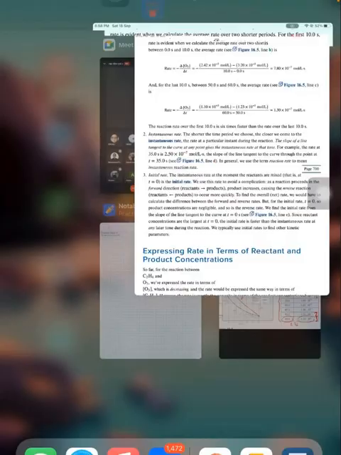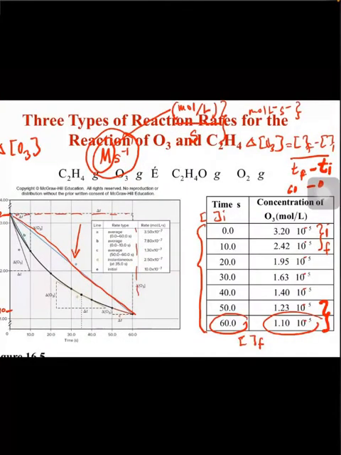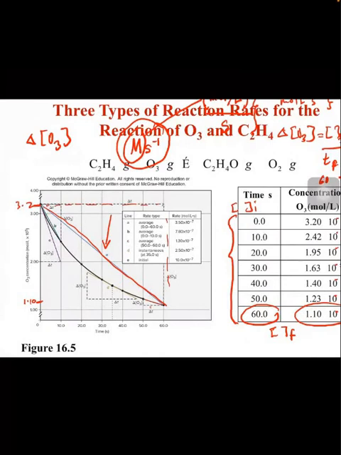At 35 seconds, meaning that if we refer back to the table, originally if you refer to this line, because we are measuring the concentration of O3 here. And of course, as we know that O3 is a reactant, that's why our curve goes downward. It shows us that the concentration of reactant is decreasing.